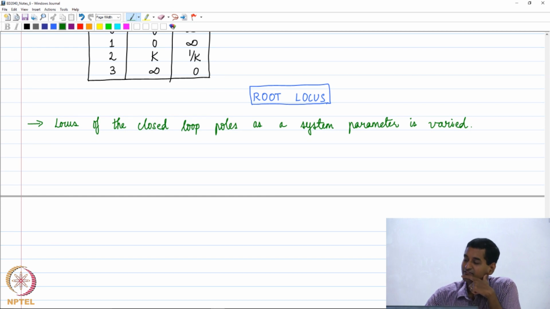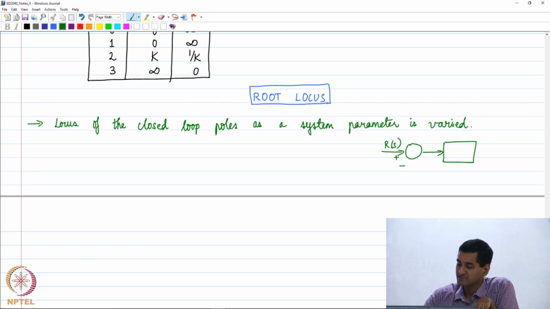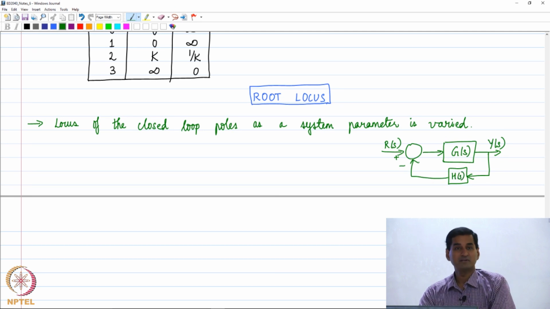Once again we are going to consider the same block diagram which we looked at. This is the reason I spent quite a bit of time constructing these block diagrams and explaining what each block represented. So we take this block diagram.